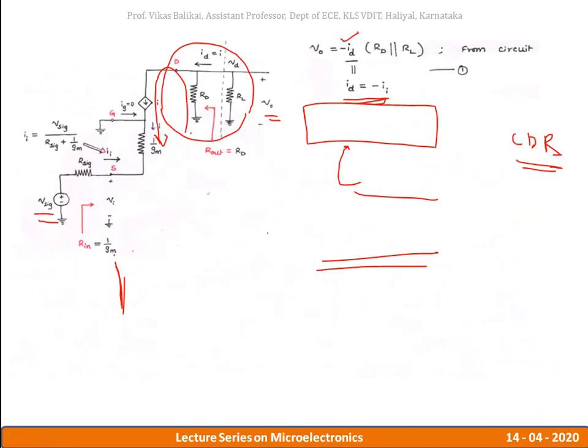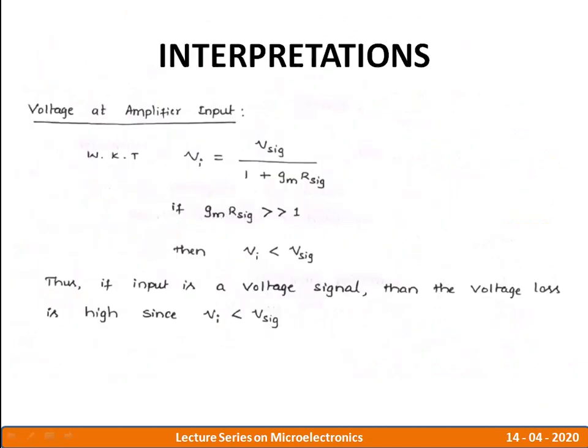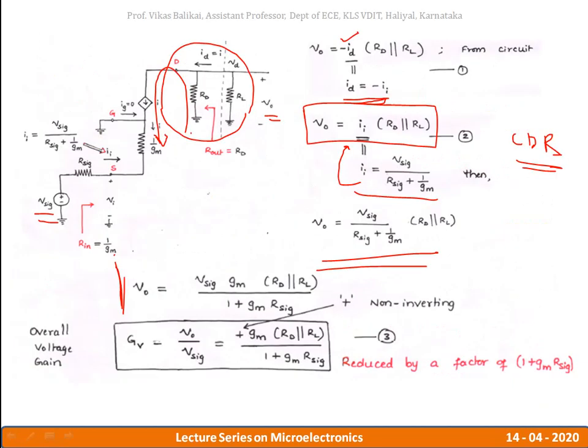So basically my overall voltage gain is given by V0 by Vsig. Simply substitute the V0 value and the Vsig value, and if I do the simplification, I'm going to get Gv, the overall voltage gain of the entire amplifier circuit from the input signal to the output voltage, which will be plus Gm times RD parallel RL divided by 1 plus Gm times Rsig.